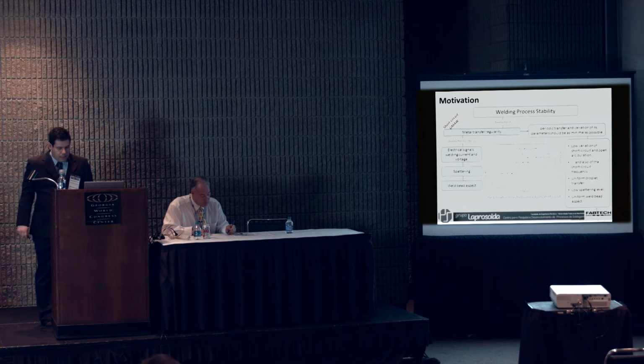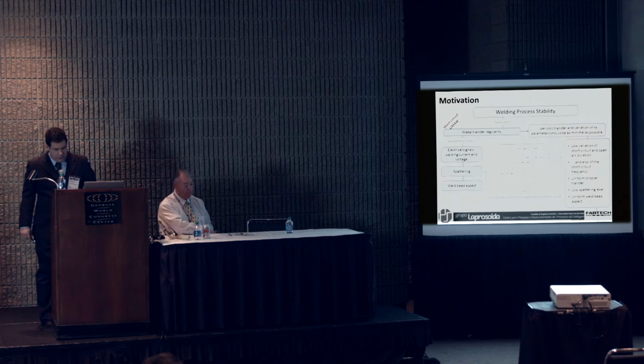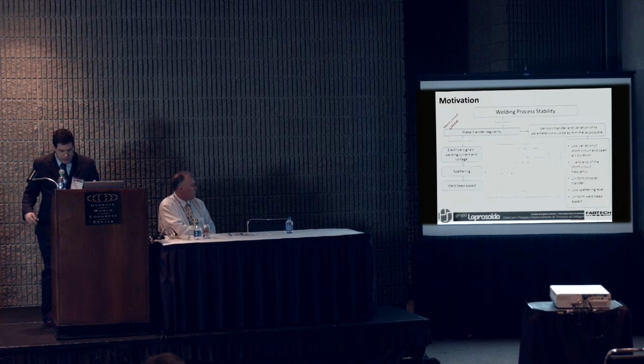That's the basic idea of this paper. So we try to reach a low variation of short circuit and open arc duration. That's our idea, to reach a uniform weld bead aspect. So let's see if we can come out with a good weld bead.